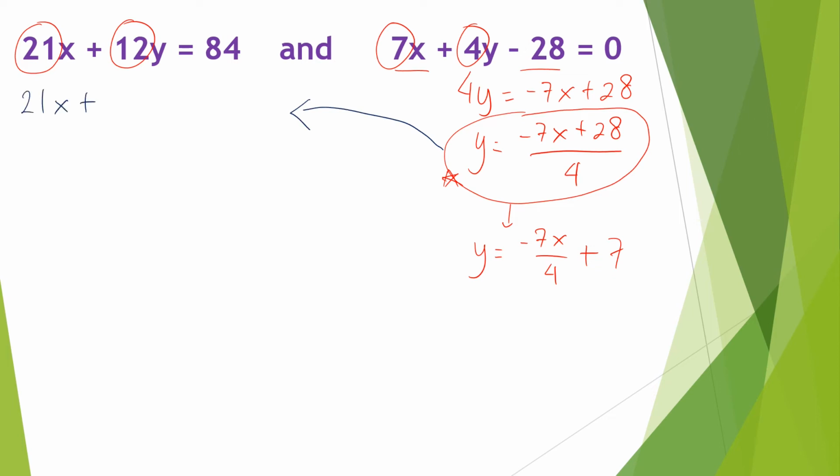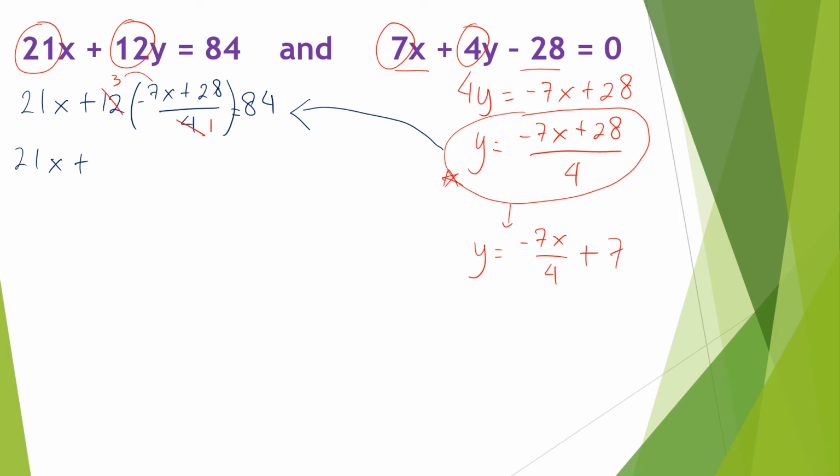21x plus 12y, minus 7x plus 28 per 4, equals 84. So 21x plus, look, you can do the cancellation between 12 and 4, divided by the same number. 4 divided by 4, 1. 12 divided by 4, 3.